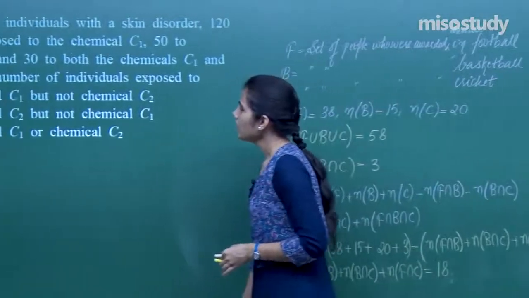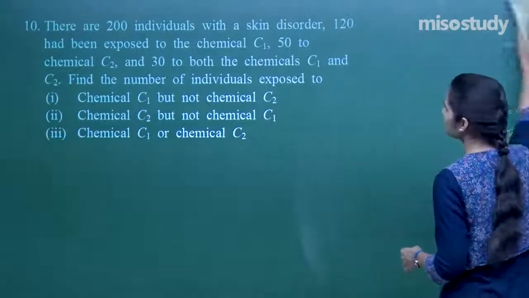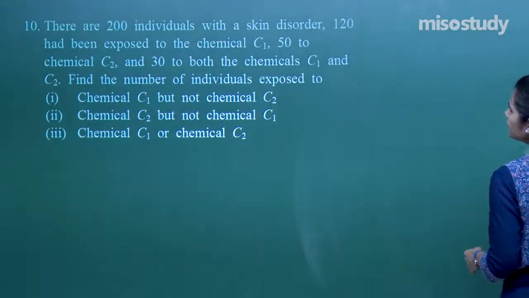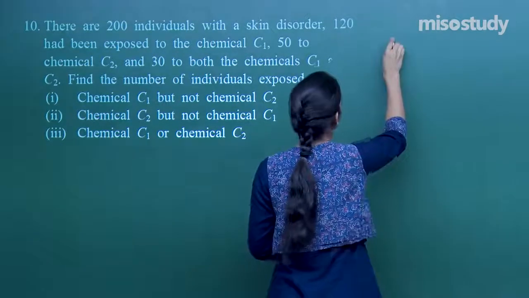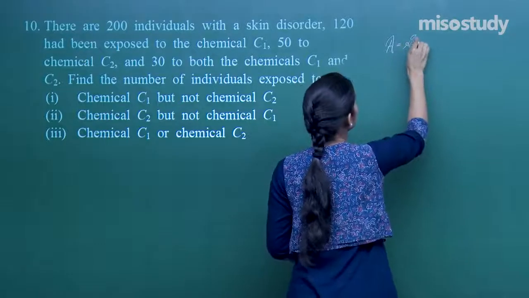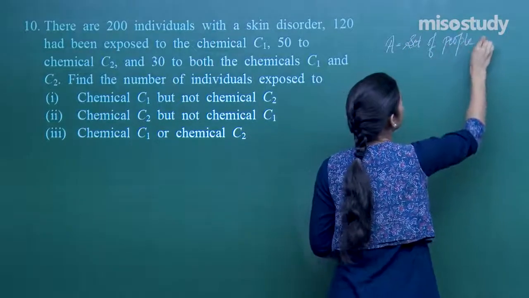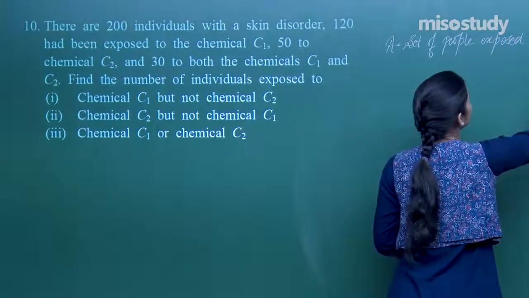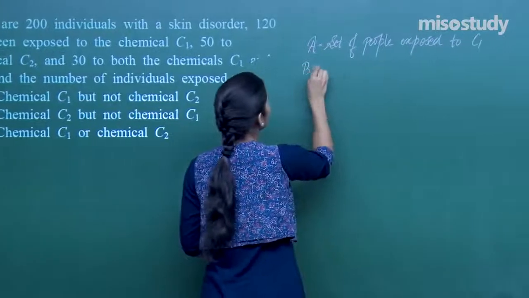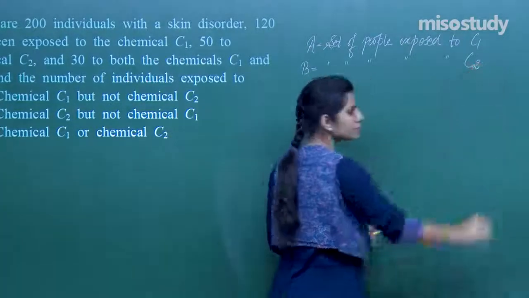Next I have there are 200 individuals with a skin disorder, 120 have been exposed to chemical 1 and 50 to chemical C2, 30 to both chemical C1 and C2. So let me write a set of people exposed to chemical C1, be a set of people exposed to chemical C2.